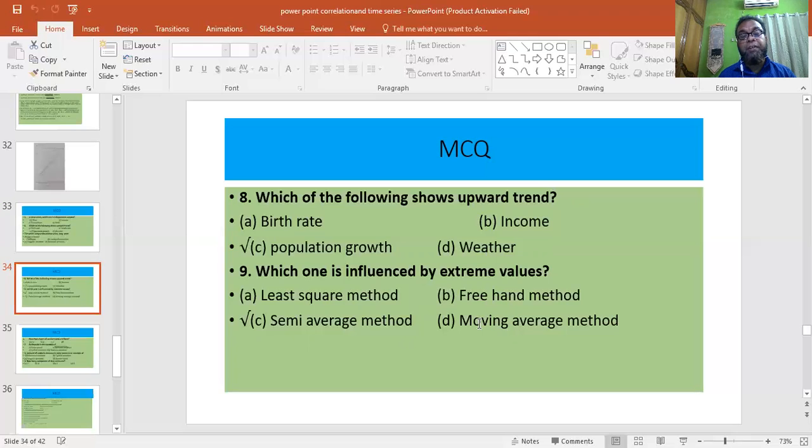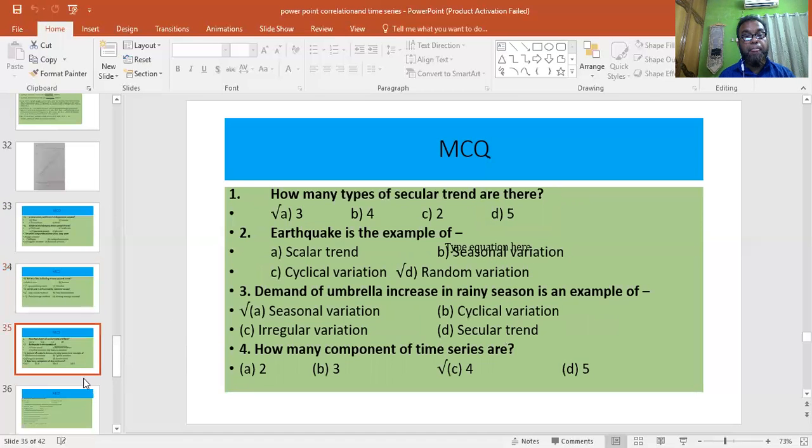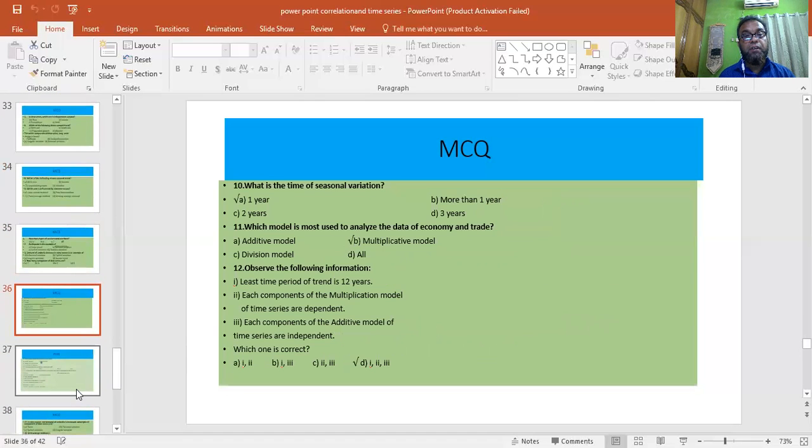So it may not be affected by extreme values. So semi-average method is the answer. In number 8, answer is C. Number 9, answer is C, semi-average method.